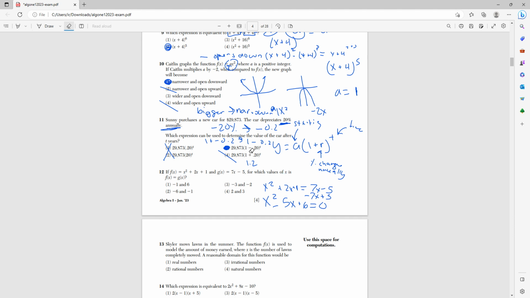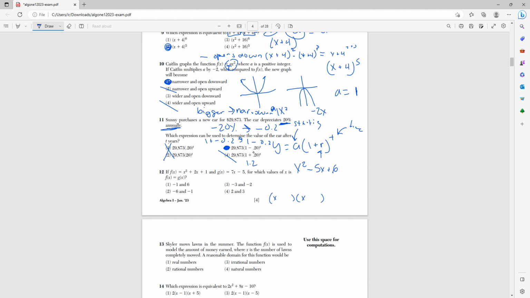So the fastest way to do this is, I would say, FOIL or reverse FOIL, right? So here, like we said, we have x squared minus 5x plus 6, and we're going to turn this into x, right?